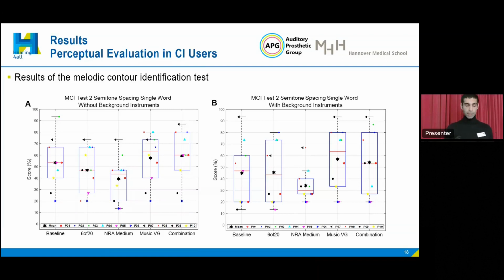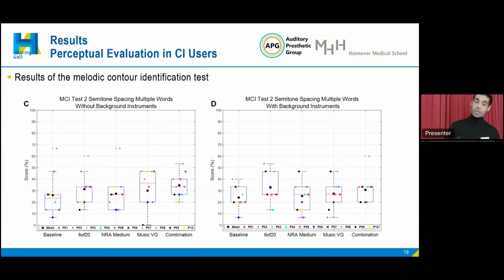The next slide is the same test, but with multiple words instead of a single word. Again, there is no statistically significant difference between the parameterizations, but having multiple words instead of single words statistically worsened the MCI performance of CI users.